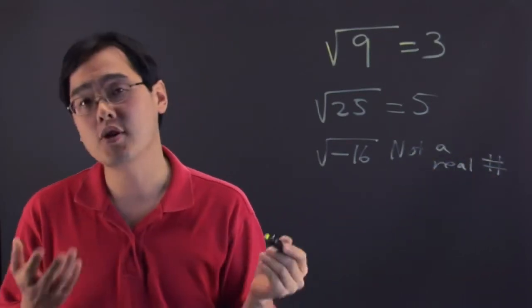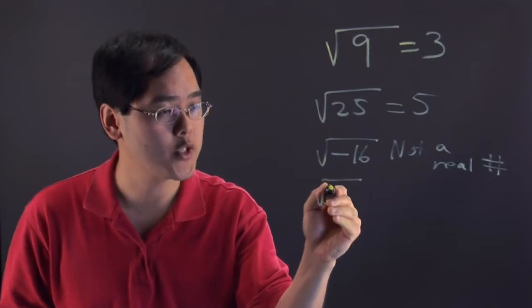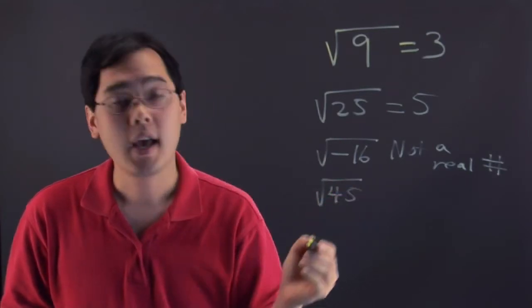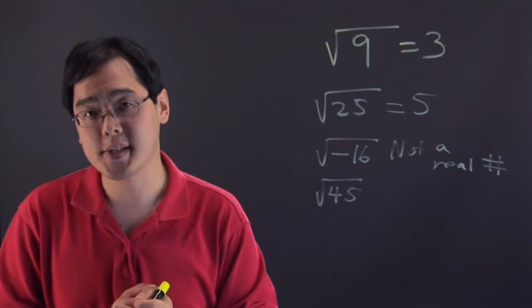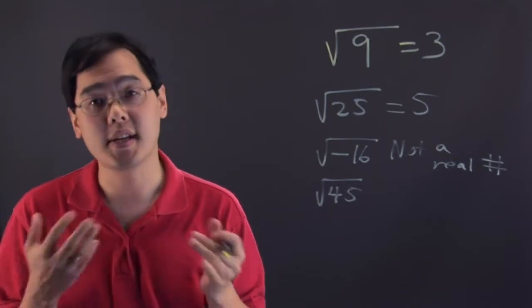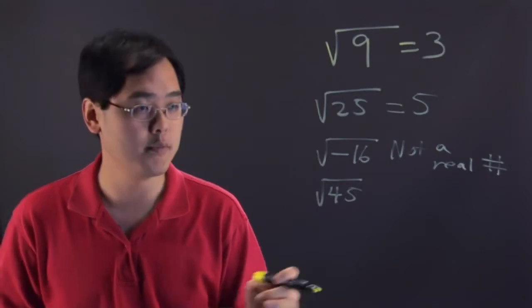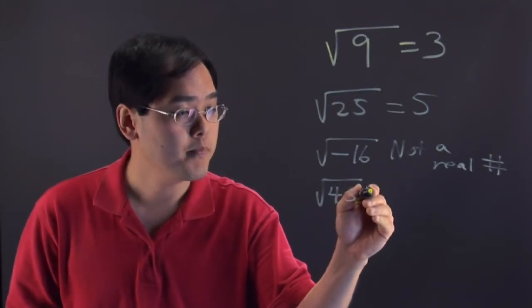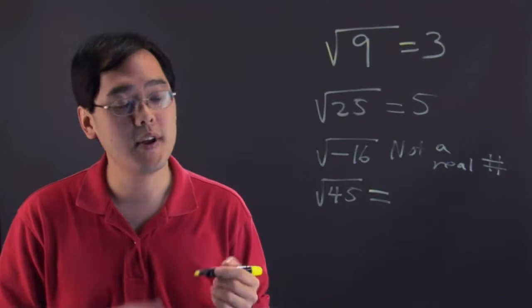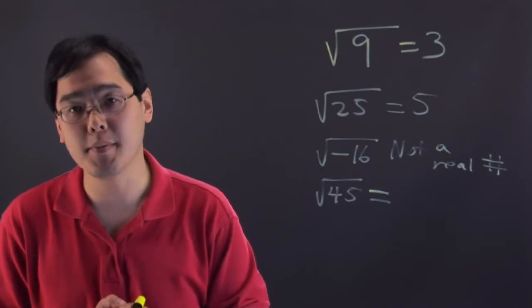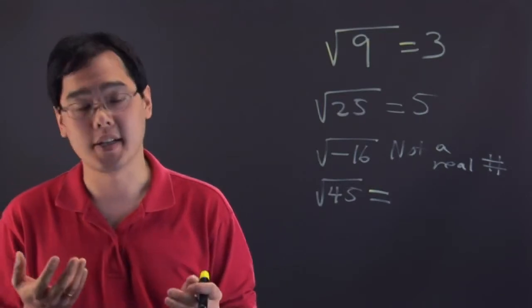Now, suppose you have something a little bit more involved, like square root of 45. You know that no number multiplied by itself is going to give you 45, but that's not to say that you can't break it up into pieces to where you might be able to simplify it a little bit. Now, one pair of numbers that multiply to give you 45 that a lot of people think about is 9 times 5.